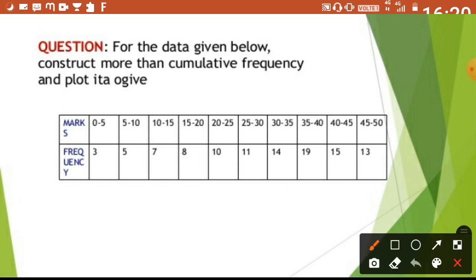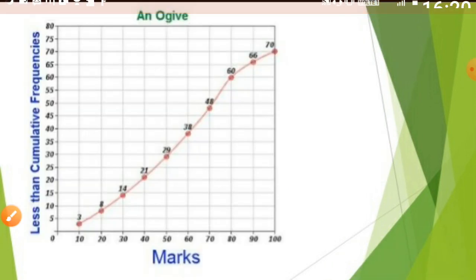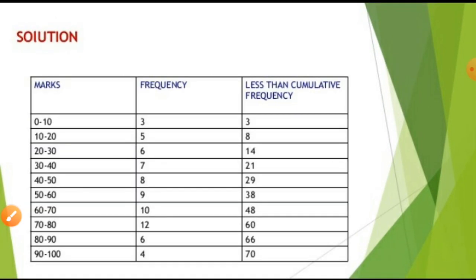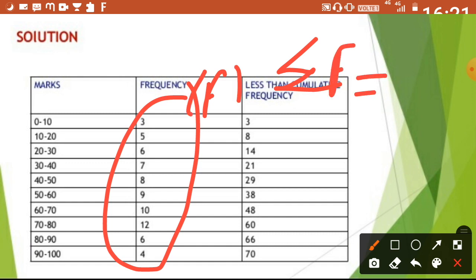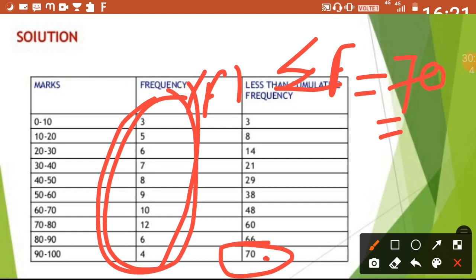Sorry, one more thing I forgot to tell you here. If you find the summation of f, the frequency, and add all of them, it will be equal to the last cumulative frequency, 70.